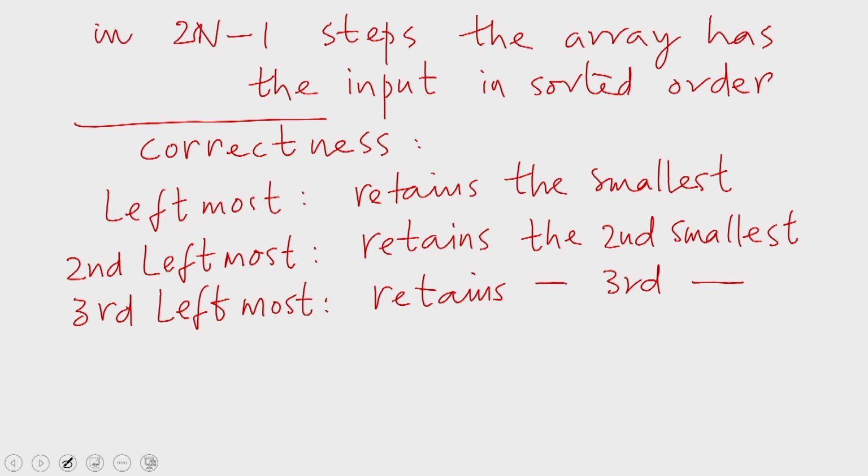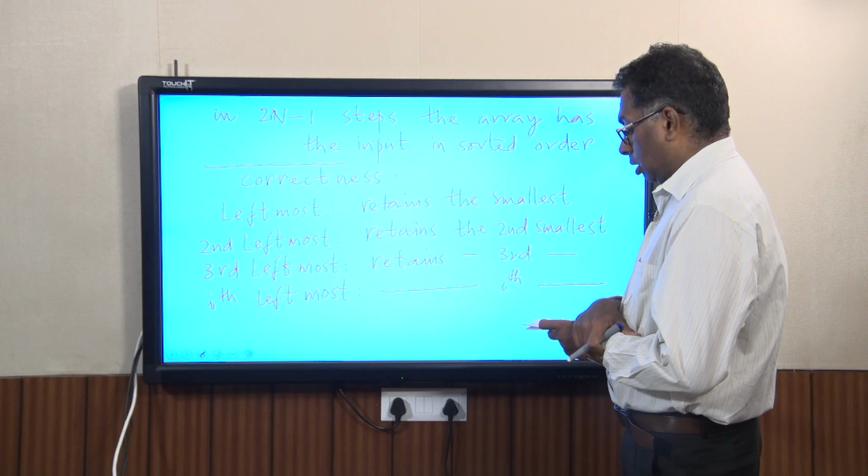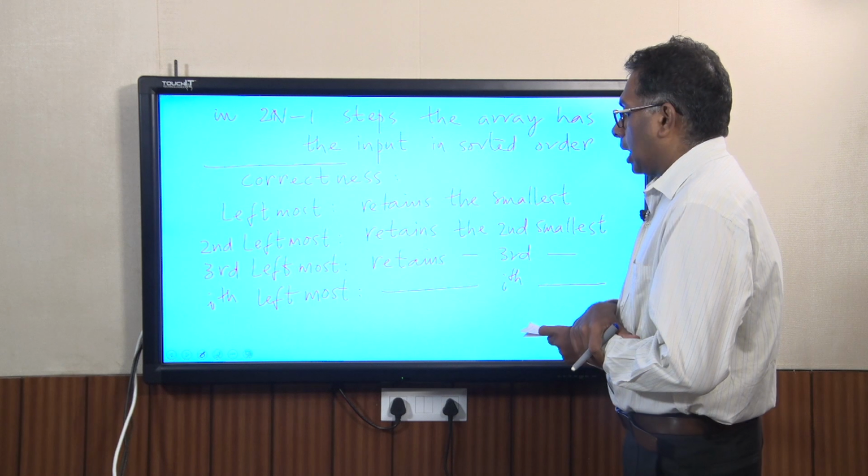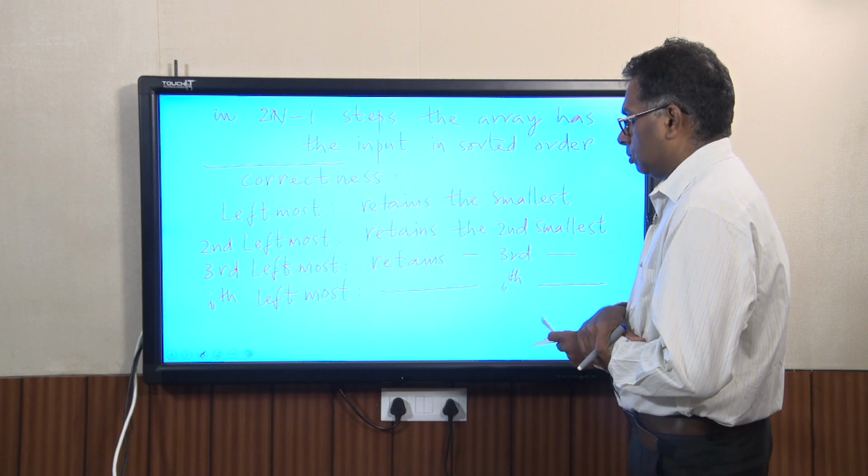Continuing like this, we can argue that the ith leftmost processor retains the ith smallest element, and in particular the nth leftmost processor, which happens to be the rightmost processor, will receive the largest element and then store it with itself. It will never get to see any of the other elements.